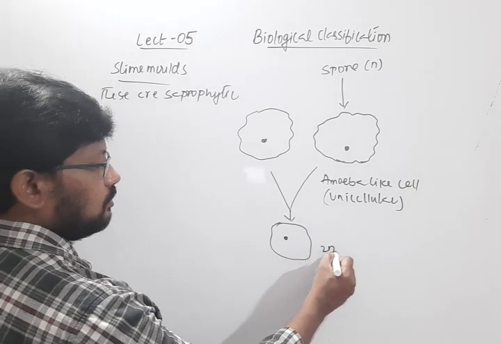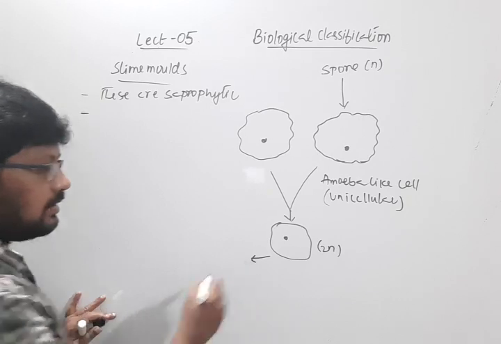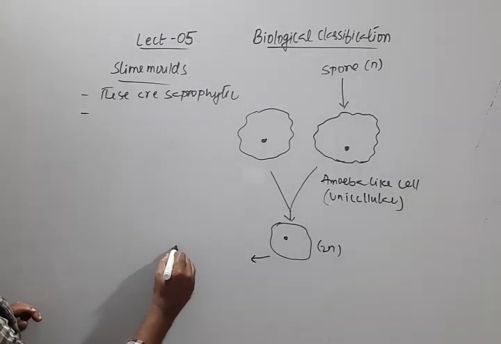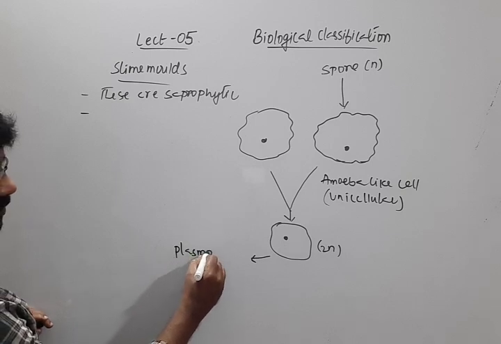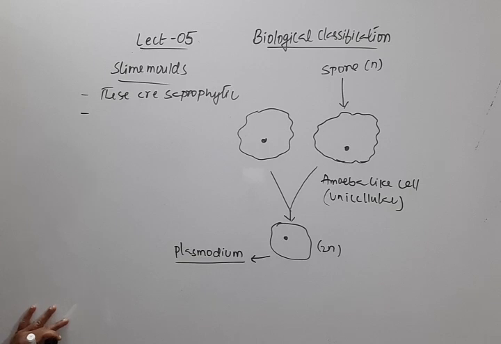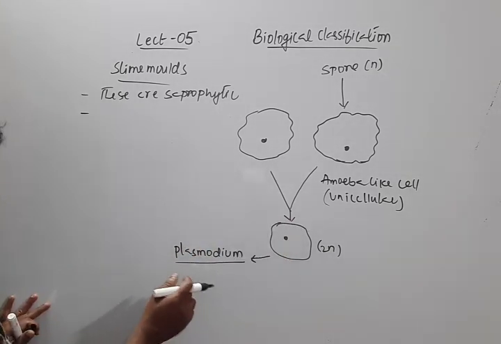This is 2n, and this one develops into a structure called plasmodium. This plasmodium is developed under suitable conditions, and then it will be growing again.